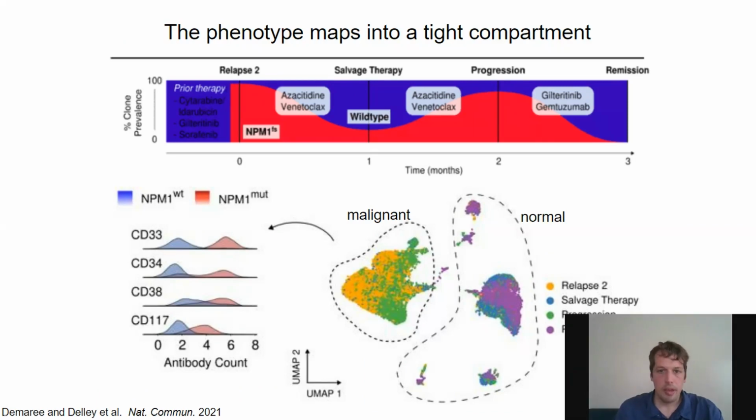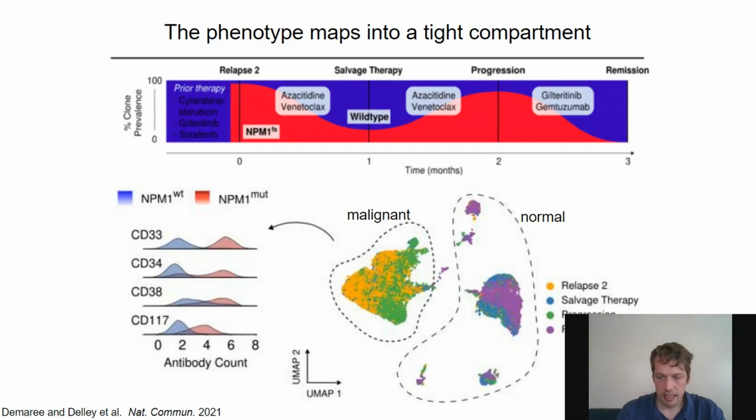So at the top, you again have a representation of a fish plot, and what we can immediately see from the DAb-seq results is that the clonal compartment of this patient was composed of a single clone, so only one genotype, with a mutation in the NPM1 gene.